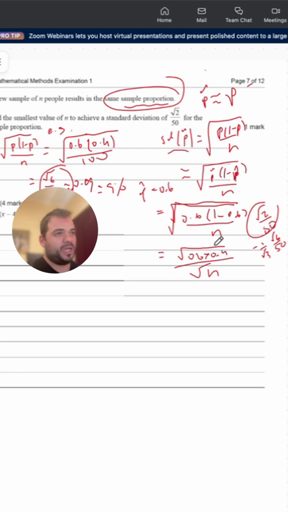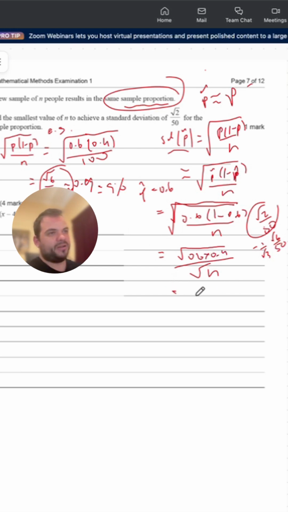Since the numerators in both of these standard deviation calculations are the same, this factor of 1 on root 3 must come from the denominator. That would work if n is 3 times the size.